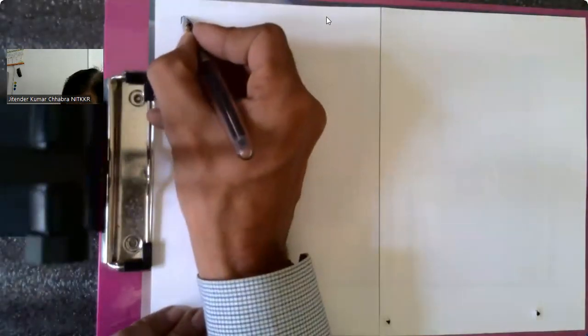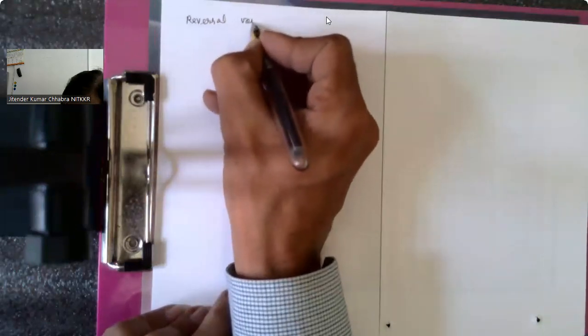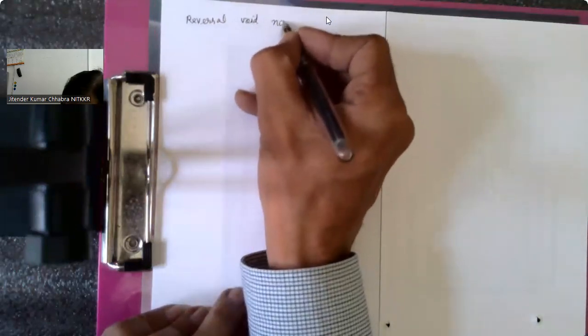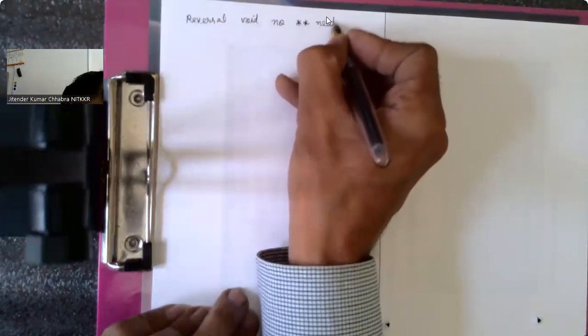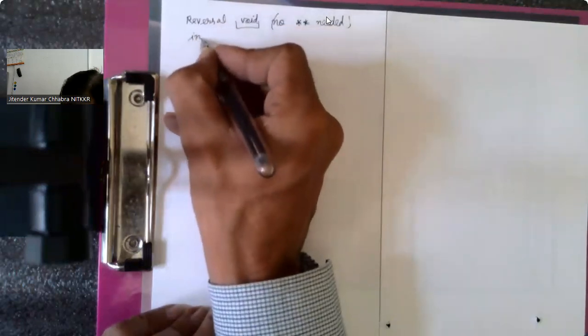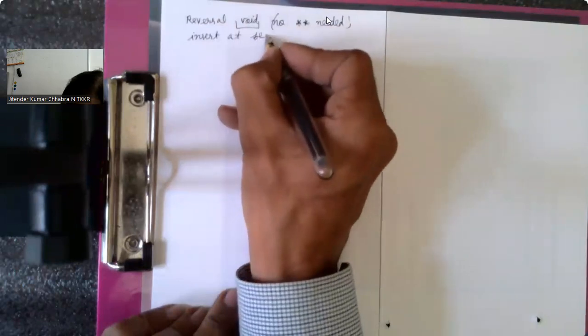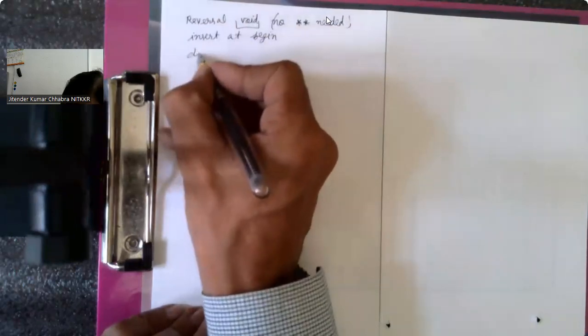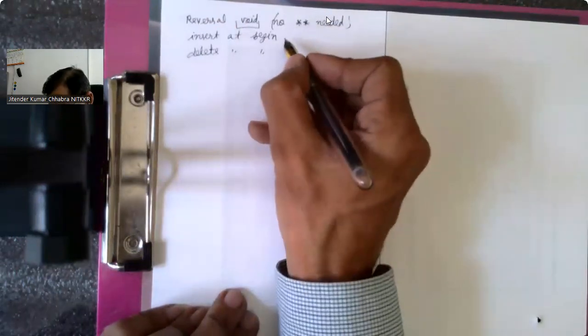So your reversal can be void type. No double star needed, because the first node will always exist. Similarly, insert at begin, at position 1, delete at begin. The header node will never be deleted, and you have to ensure that.